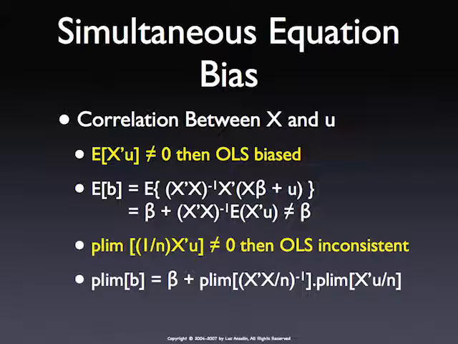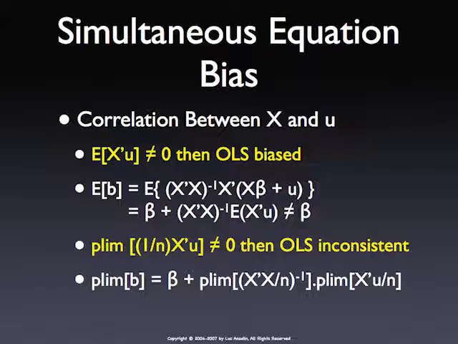But the logic is very simple, because what we're doing here is we're putting down the OLS estimator, (X'X)^{-1} X'y, and this is y. This is the population expression for y. So this is the true value of the parameter and the true unknown and unobserved error term. So then we work this out, and these two cancel, so we have the true parameter value, and then we have this other thing.